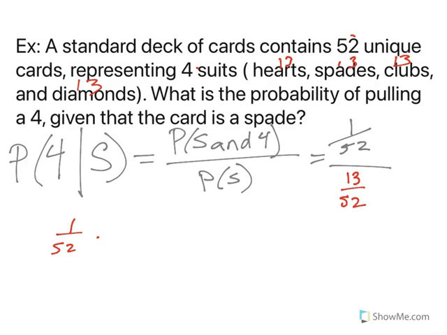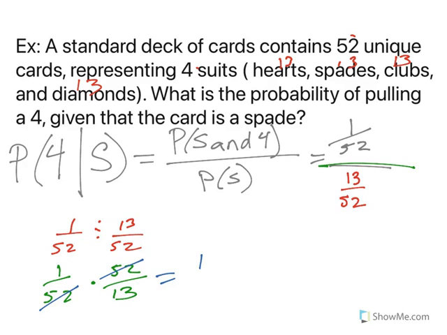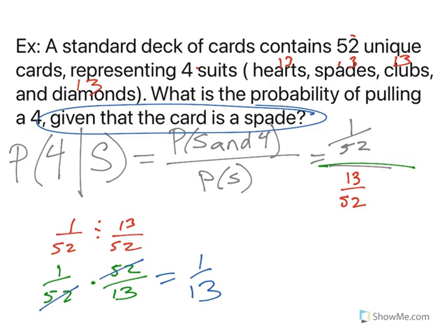Going through this just like we did, fraction is division, so we change division to multiplication and flip. Notice what happens again: my 52s cancel out and I'm left with 1 over 13. Think through this. When it says given that the card is a spade, how many spades are there? 13.